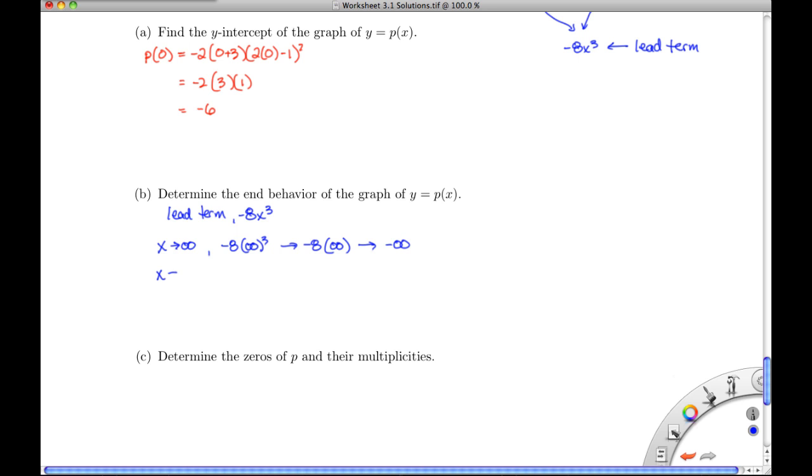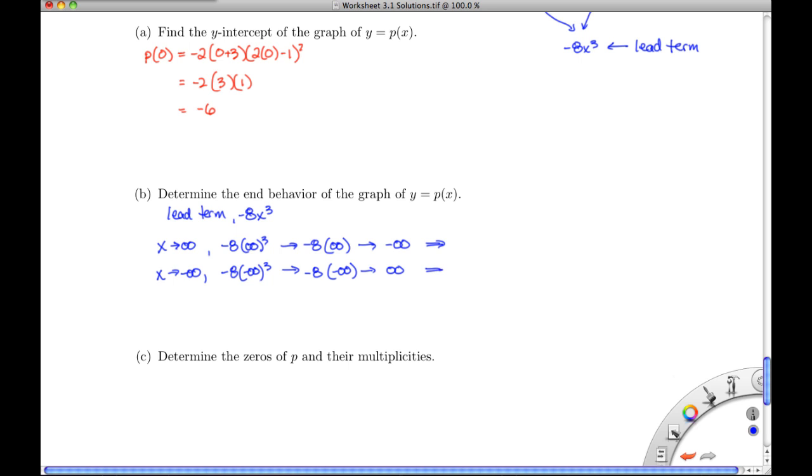And if we used x approaching minus infinity, with our lead term, we'd have -8 times a very large negative number cubed. Cube a negative number, you're going to get back a negative number. So we have -8 times an even larger negative number. Multiply those two together, a negative times a negative is going to give us a positive huge number.